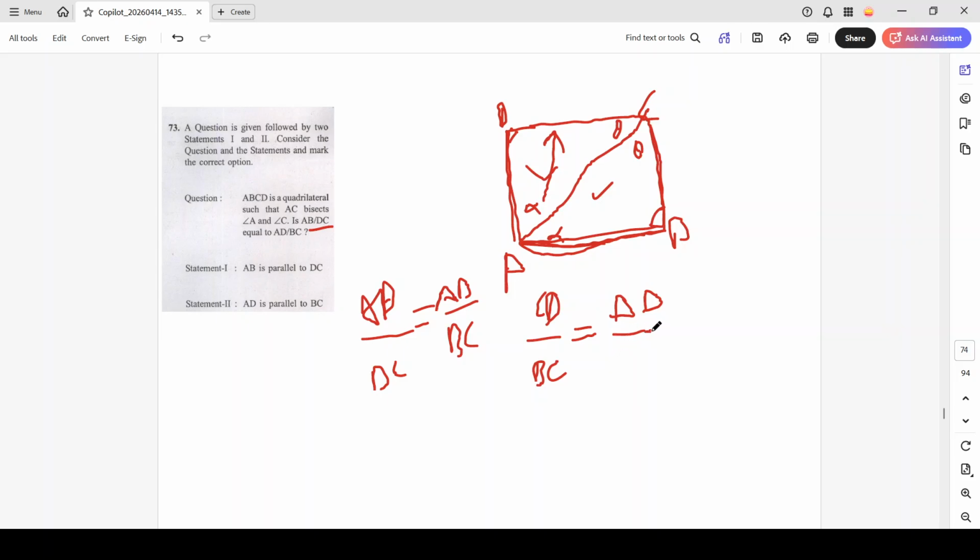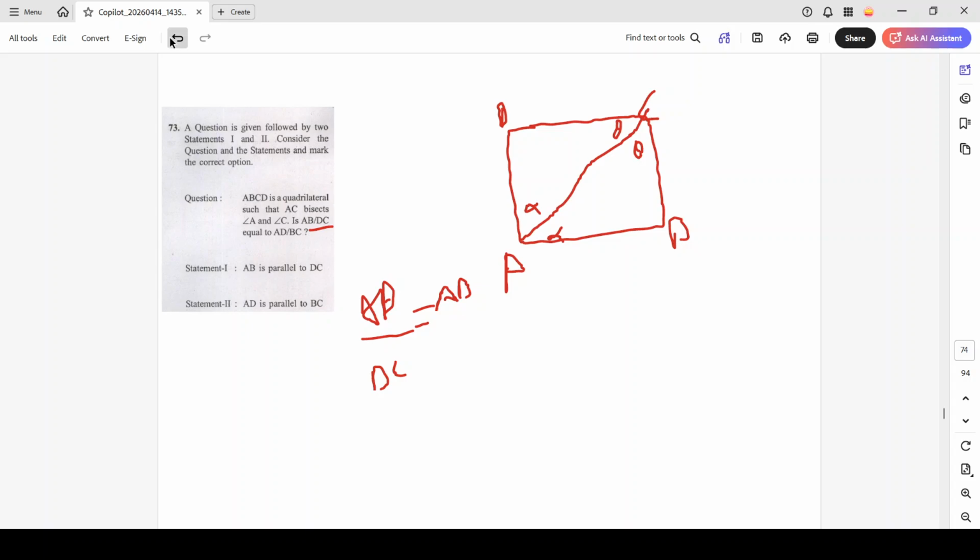Okay, in front of theta there is AD, and here in front of theta there is AB. Okay, so if we cross multiply it, then AB will go there, and AB upon... sorry, there is some mistake in the writing.